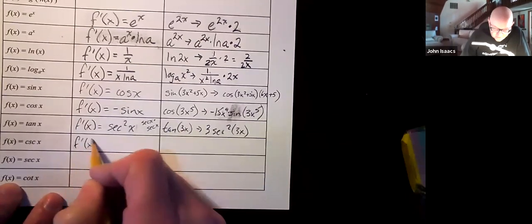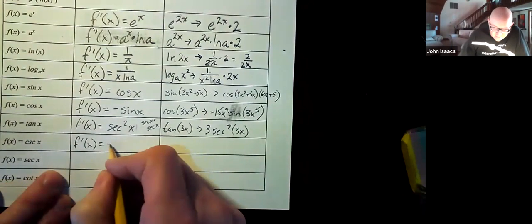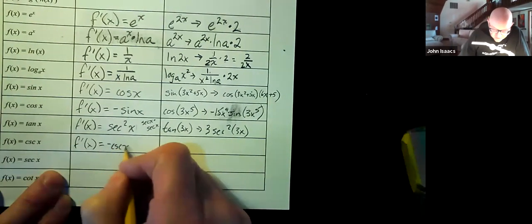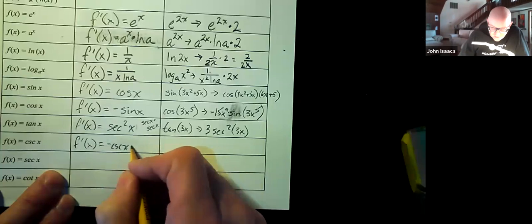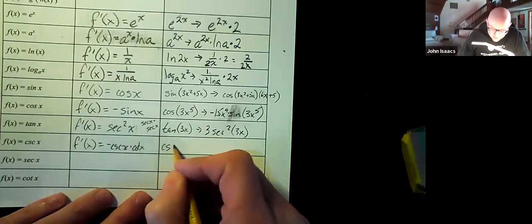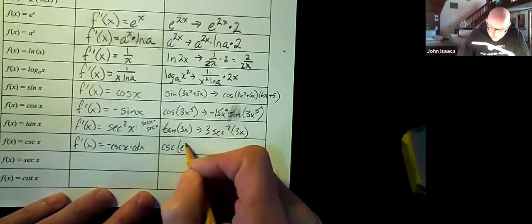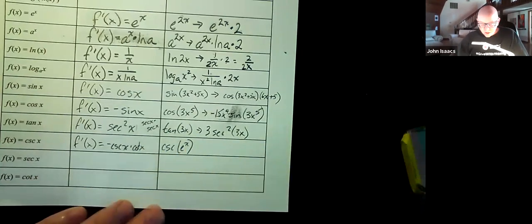Okay, cosecant. If f of x is cosecant x, f prime of x is negative cosecant x times cotangent x. Let's take cosecant of e to the x.